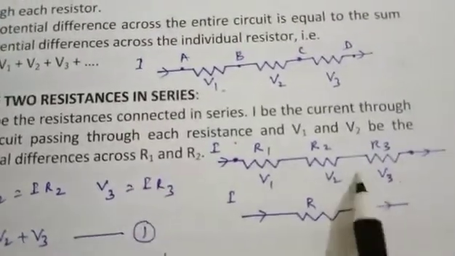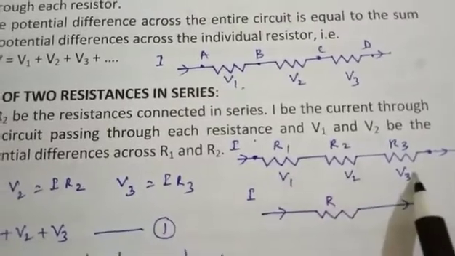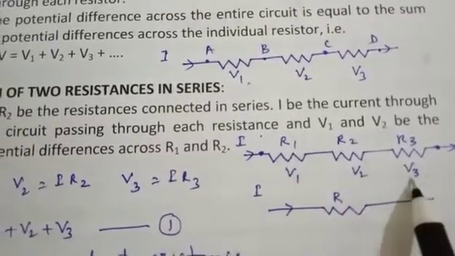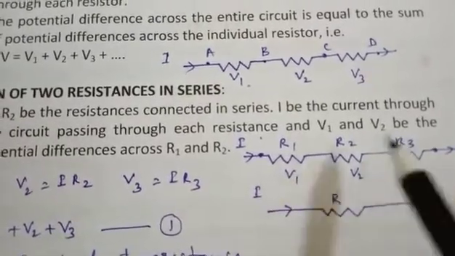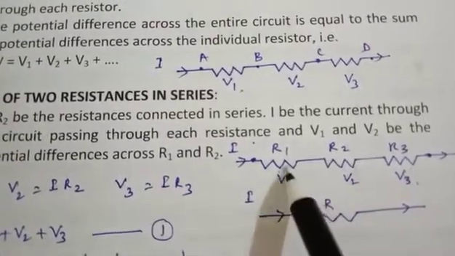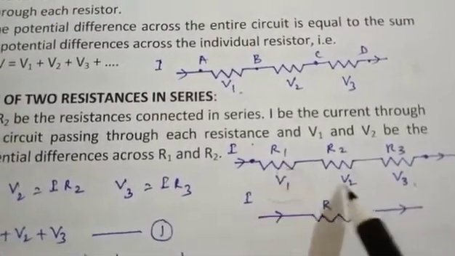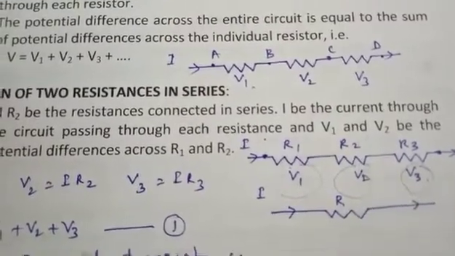So if you look at the diagram here, I am going to explain for three resistors here now, R1, R2 and R3. The first one is having the potential V1, second one is having the potential of V2, and the third is having the potential of V3.